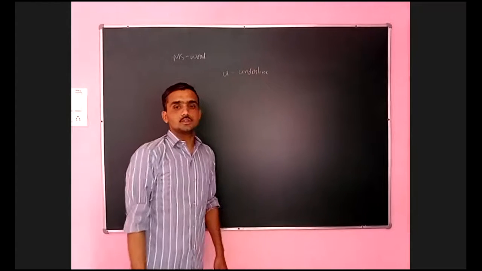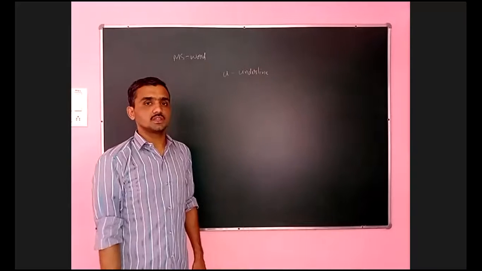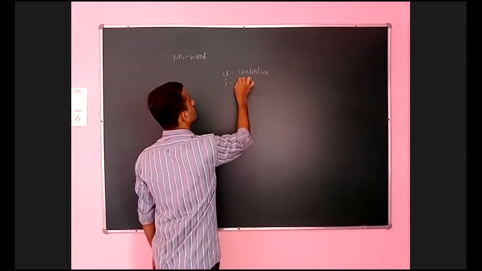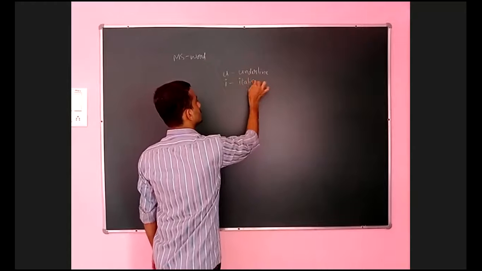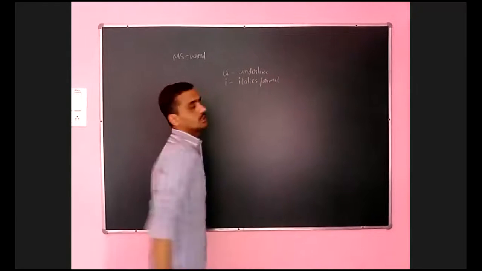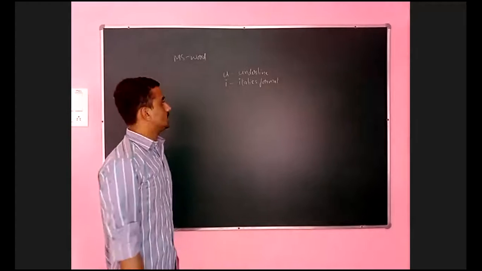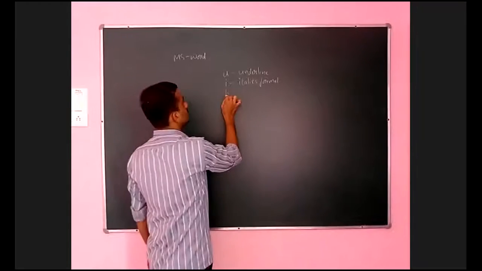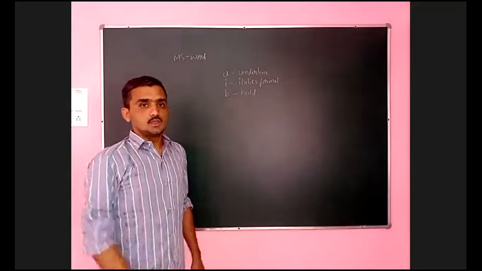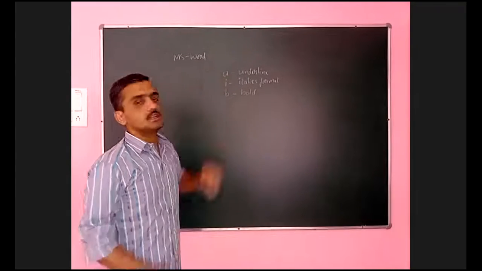Similarly, I means if you want to write the text in italics format. And B indicates bold, if you want to make the text bold. These three we can use as tags in HTML.